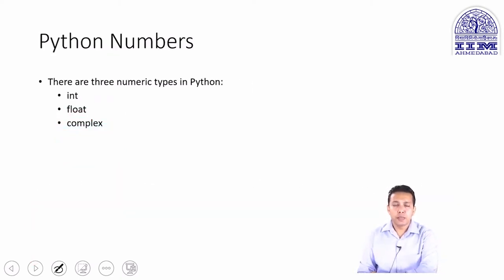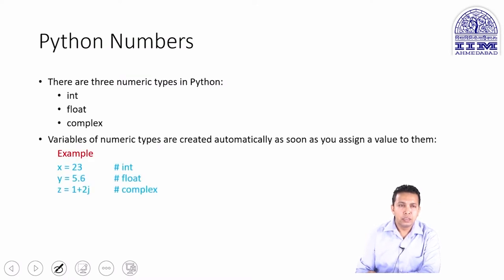There are three numeric types in Python: integer, float, and complex. Now, variables of numeric types are created automatically as soon as you assign a value to them, just as we discussed earlier. So, when I say x is equal to 23, it is of integer type.